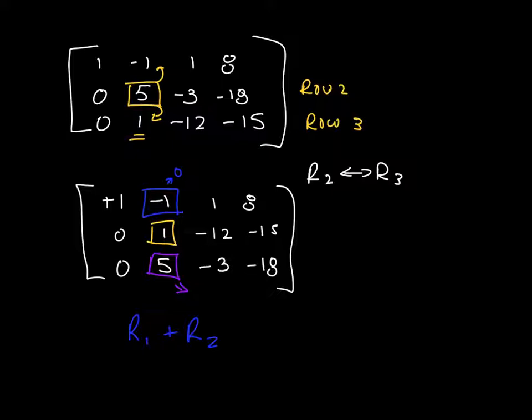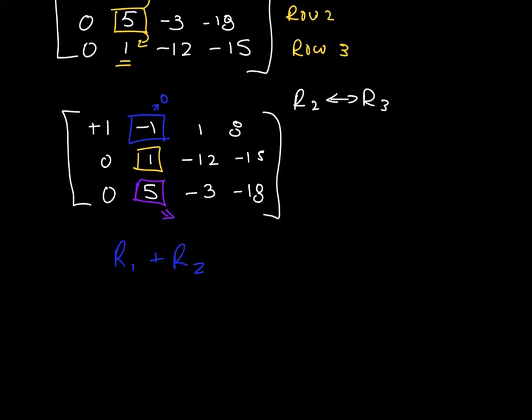To turn the negative 5 into a 0, what I'm going to do is negative 5 times row 2 plus row 3.